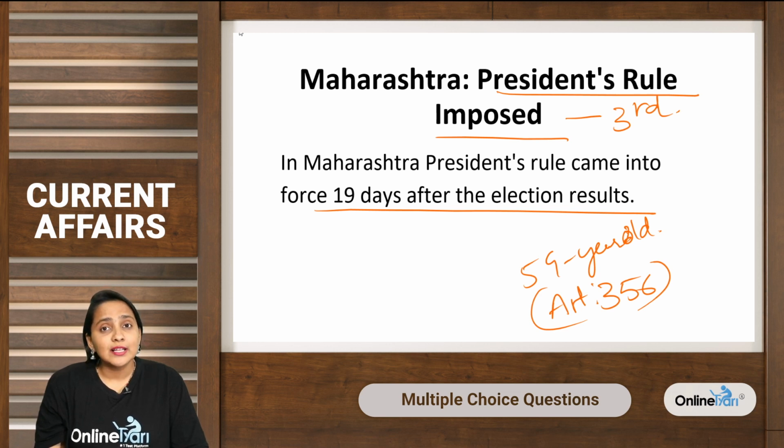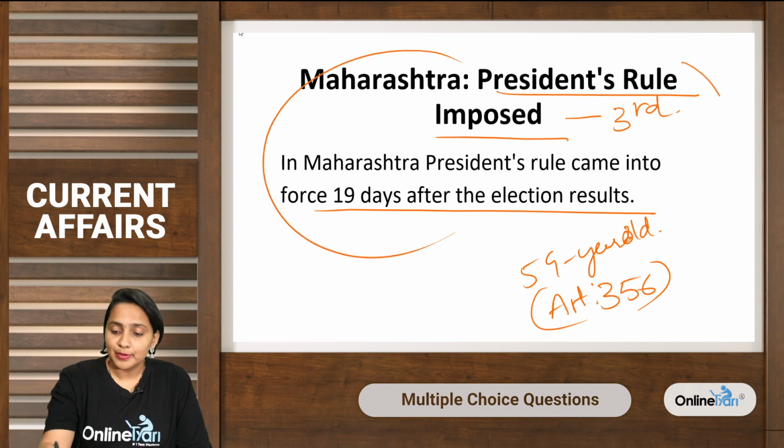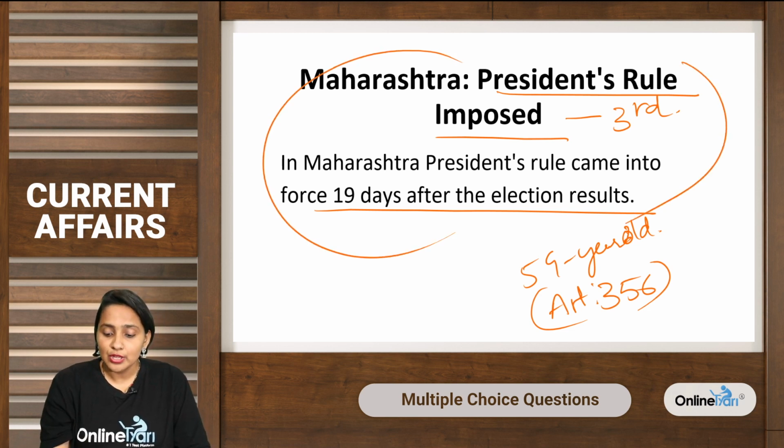Okay. So the governor sends a report under Article 356 to the central government, then the cabinet gives an approval on this and passes it on to the President. The final decision is taken by the President. So this is about President's rule in Maharashtra. This is the first such event in the state's history that President's rule under Article 356 is imposed because no political party could form the government, right.